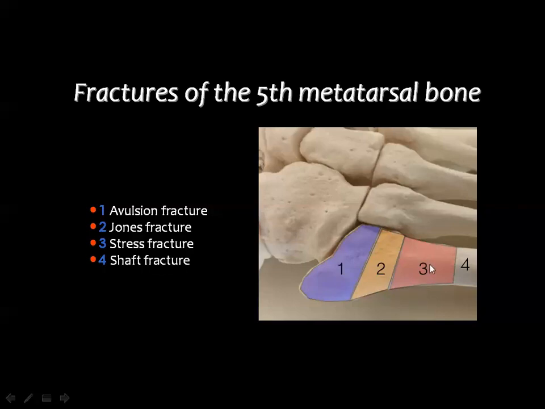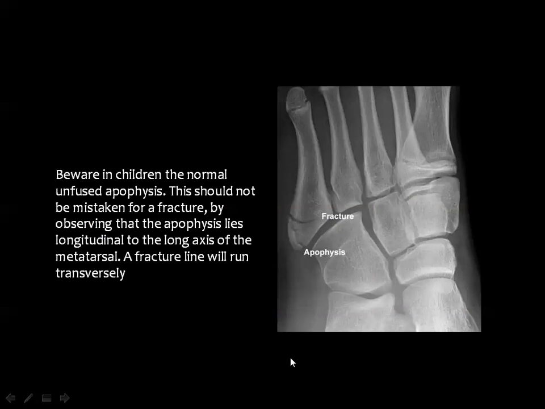Then you have the stress fracture, and finally the fracture of the shaft. And we have to discriminate in young persons the difference between the fracture and the non-united apophysis. The fracture is usually transverse in orientation, while the apophysis line is obliquely oriented.